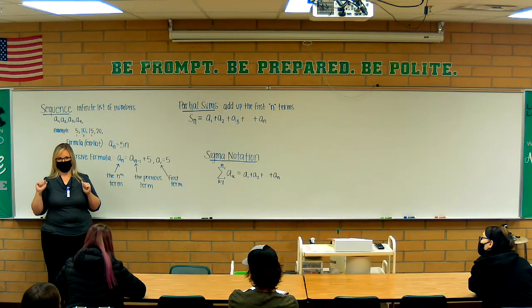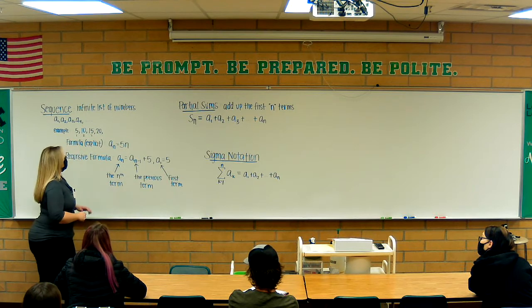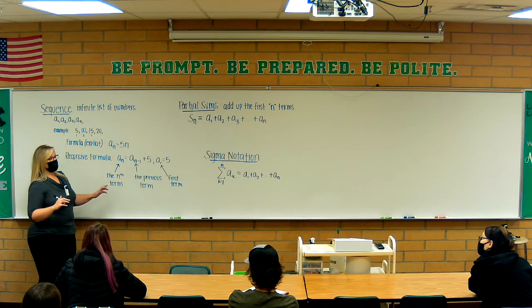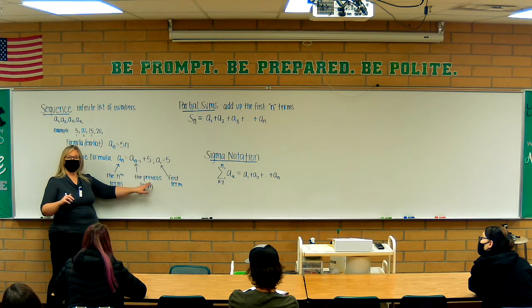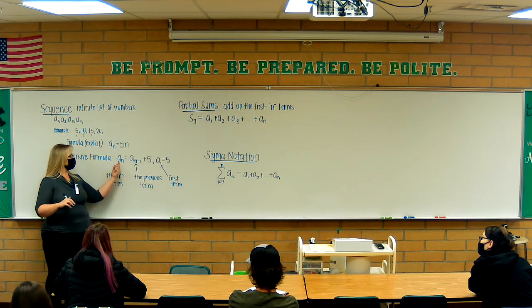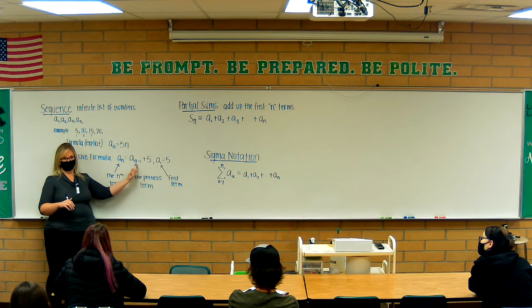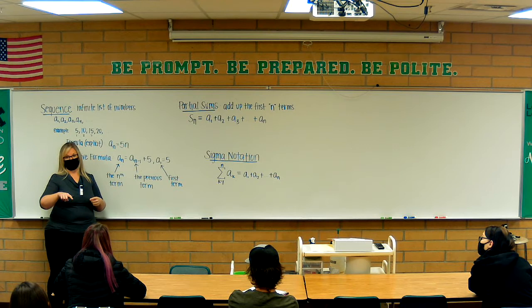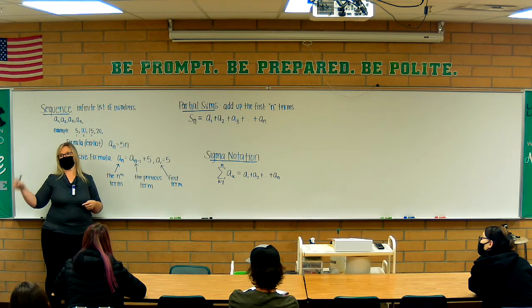So a recursive formula is always dependent upon what happened on the previous term. I can't find the current term or the nth term until I know the one before it. And I can't find the one before it until I find the one before that, and the one before that, and that, and that. Does that make sense? Okay.